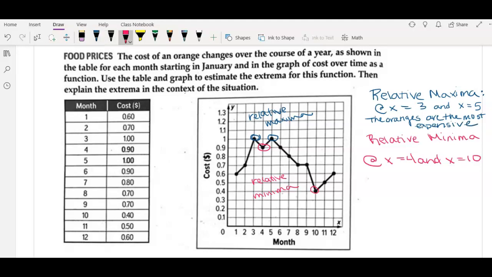And at the minima, especially this one, the oranges are the least expensive at that time. So, though in April, the oranges were still 90 cents, they were still cheaper than either of the months on the side of them. But they were the cheapest in October at 40 cents.